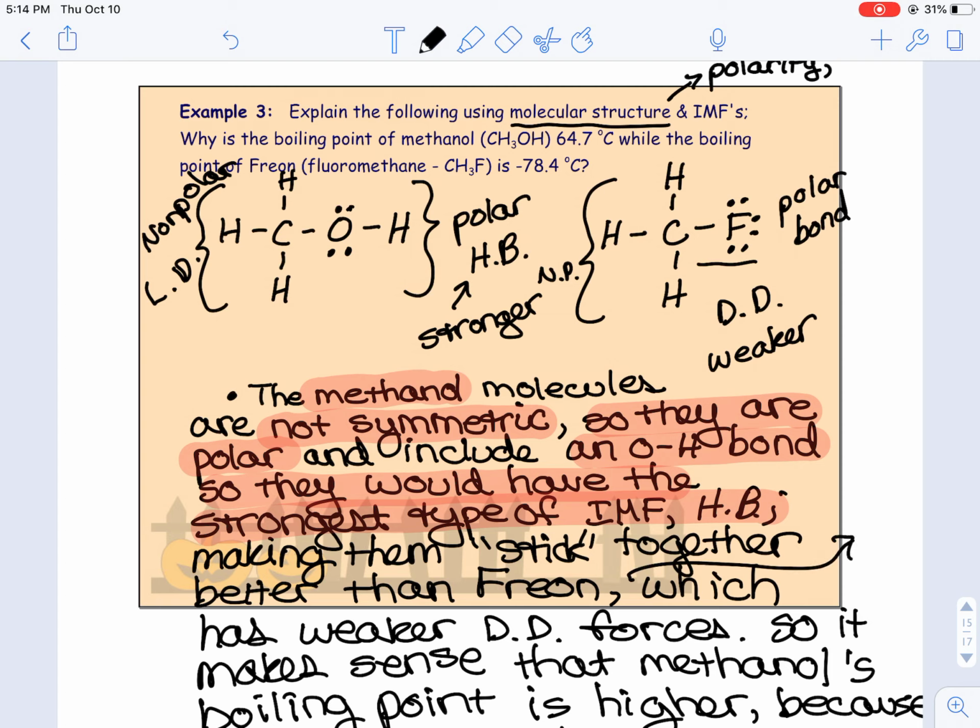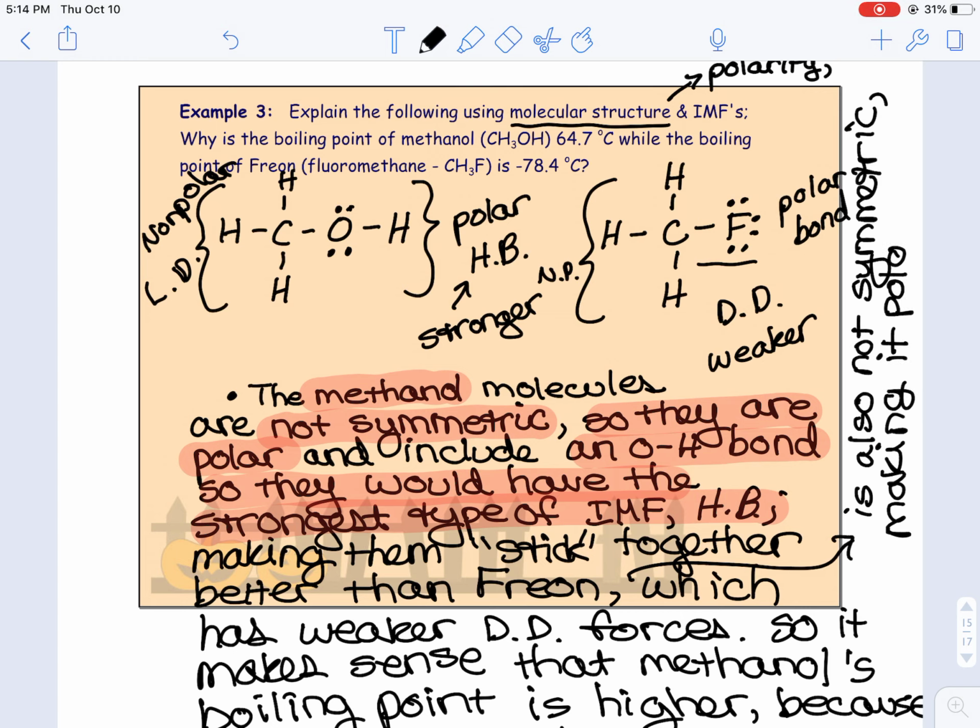So Freon is also not symmetric, making it polar, but even though it is polar, it has weaker intermolecular forces, so that the molecules with the stronger intermolecular forces would stick together better, kind of like you saw in the evaporation station, where water took the longest to evaporate because its intermolecular forces are the strongest, versus hexane, which is a completely nonpolar molecule, so its intermolecular forces would be London dispersion, which is the weakest type.